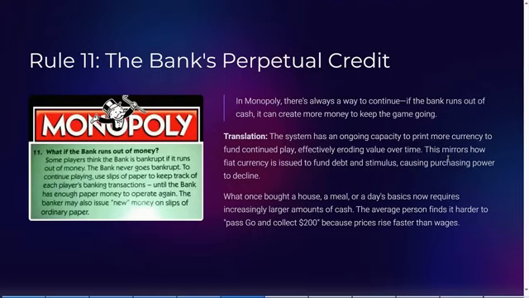So some players think the bank is bankrupt if it runs out of money. The bank never goes bankrupt. To continue playing, use slips of paper to keep track of each player's bank transactions until the bank has enough paper money to operate again. The banker may also issue new money on slips of ordinary paper.